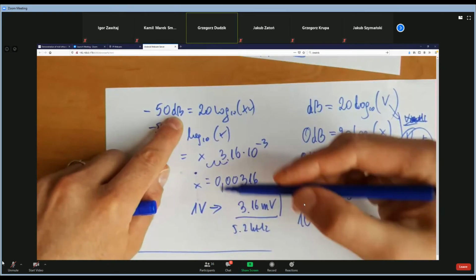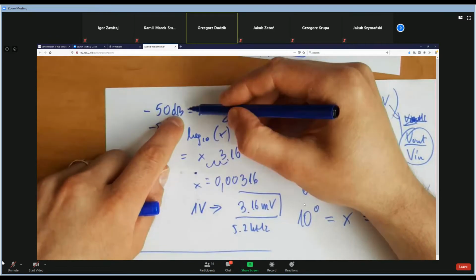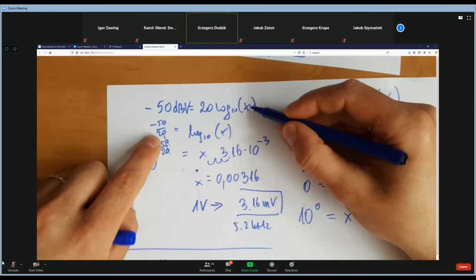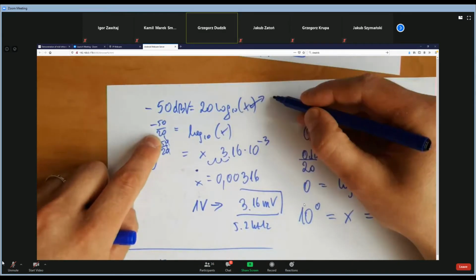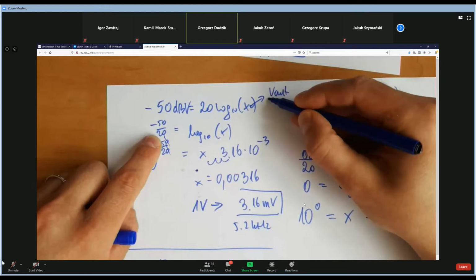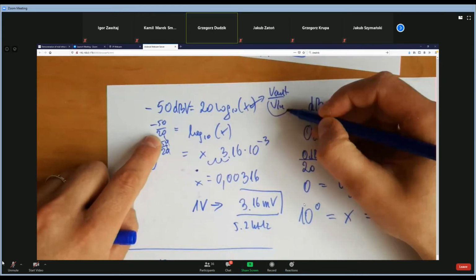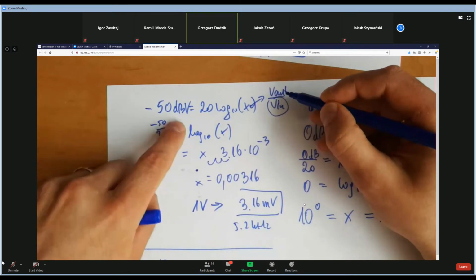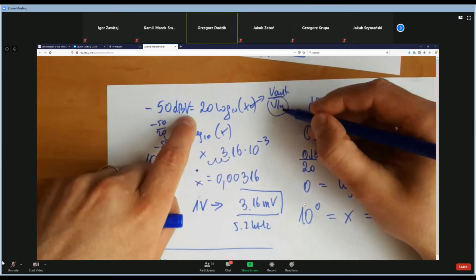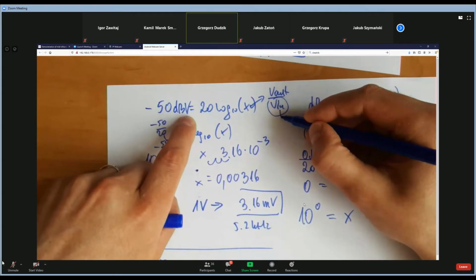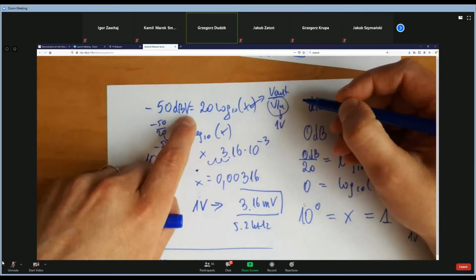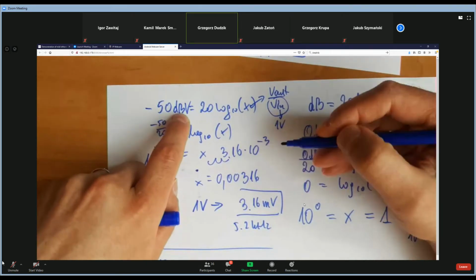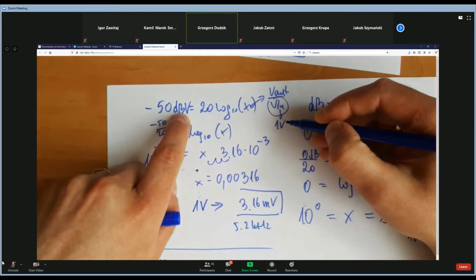Sometimes for voltages it is dBV. If we have the X value, V out over V in, this V in is like the reference for the output signal. If you have dBV, it means that V in is 1 volt. This is minus 50 decibels according to a 1 volt reference.